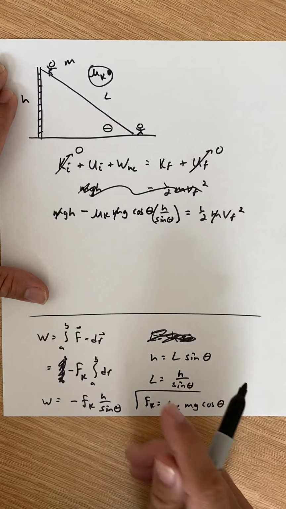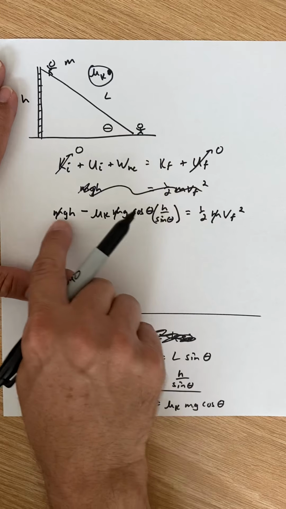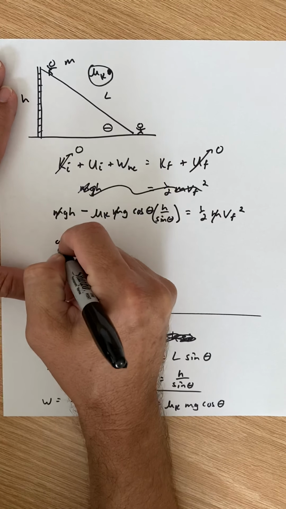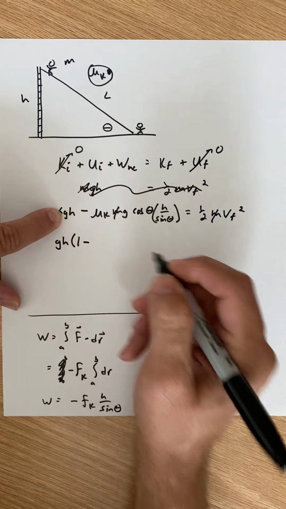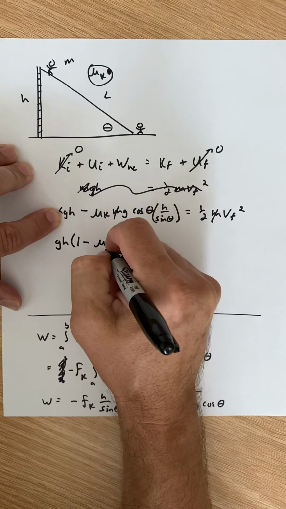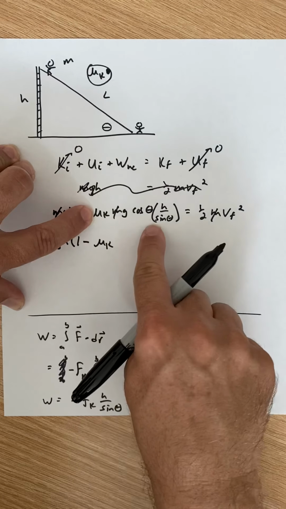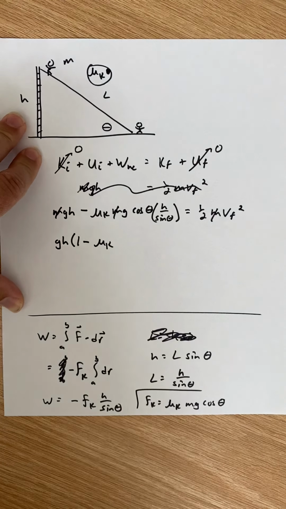So let me do some factoring over here. I've got a gh here, I've got a gh here. So what am I going to get here? gh times 1 is left here, minus mu k, there's my gh, times the cosine of theta over the sine of theta.